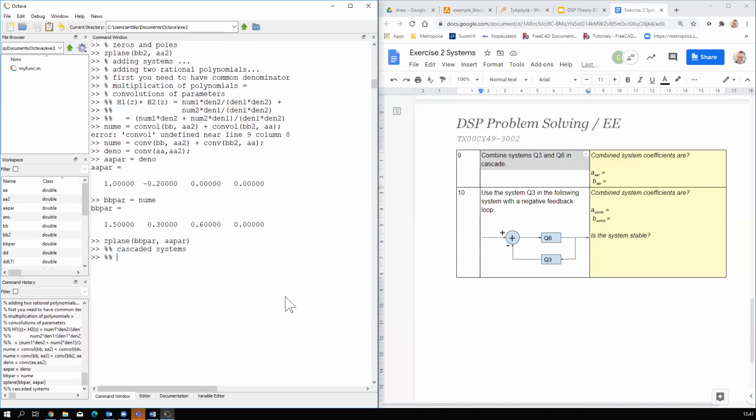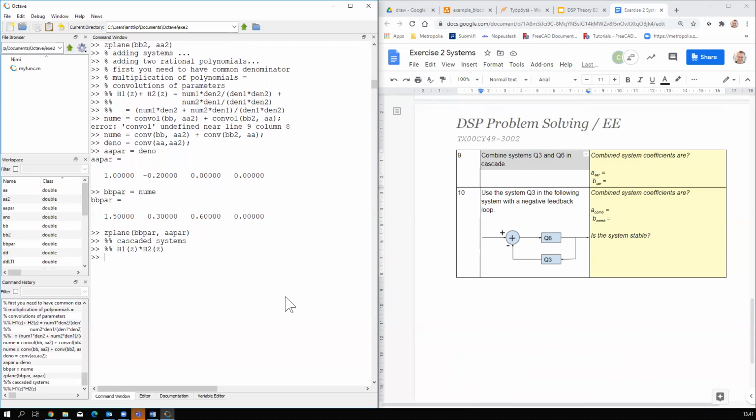Okay, combining systems in cascade, that's easier. Since then on cascaded systems, we have H1(z) times H2(z), which is simply, okay, I'll just mark it like that, BB cast equals convolution between BB and BB2. It's simple multiplication of the numerators.